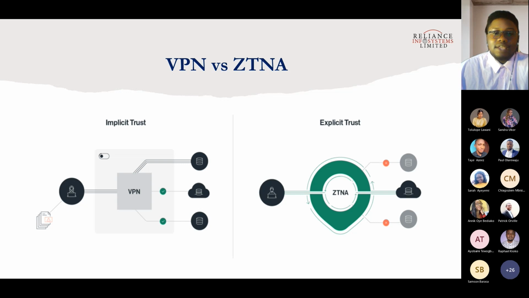You also utilize other solutions such as multi-factor authentication to properly identify the user. Also monitor the user system and ensure that the user system health is actually up to standard or up to code. Then you only grant user access to specific resources within your environment and not to all the resources within your environment, compared to the VPN solution.